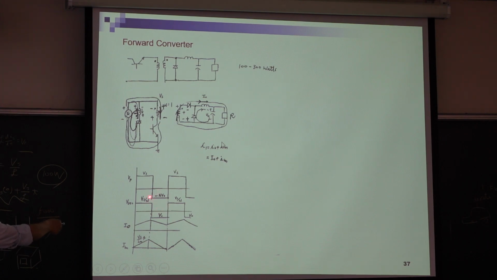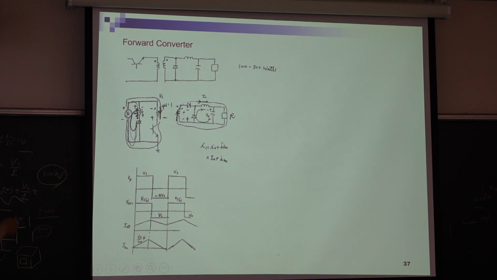So this is minus, so this is also minus. So you can see if this is Vs, what is this? Vs divided by N. If this turns off, then the diode turns on. Then this is VO. And for the primary side, it becomes VO. So this area should be equal to this area.